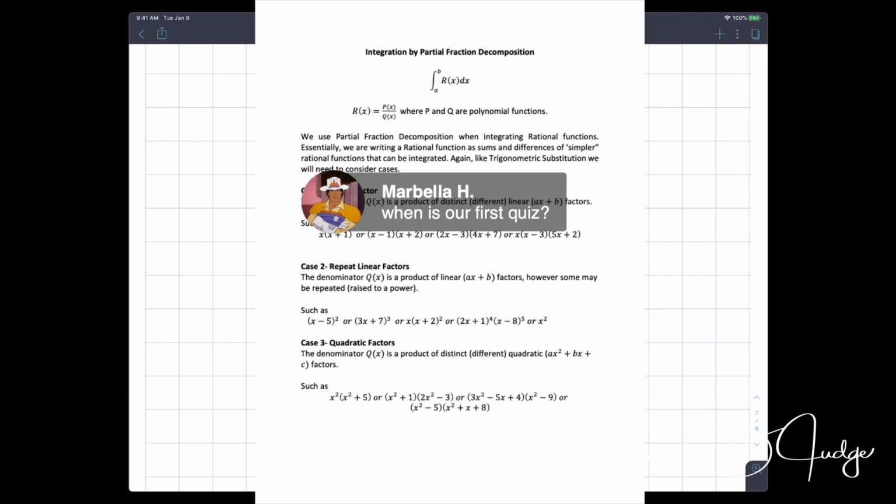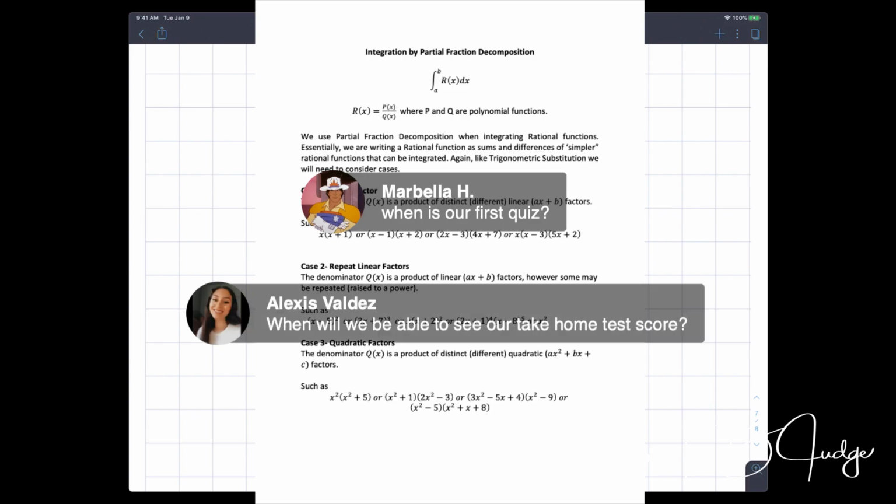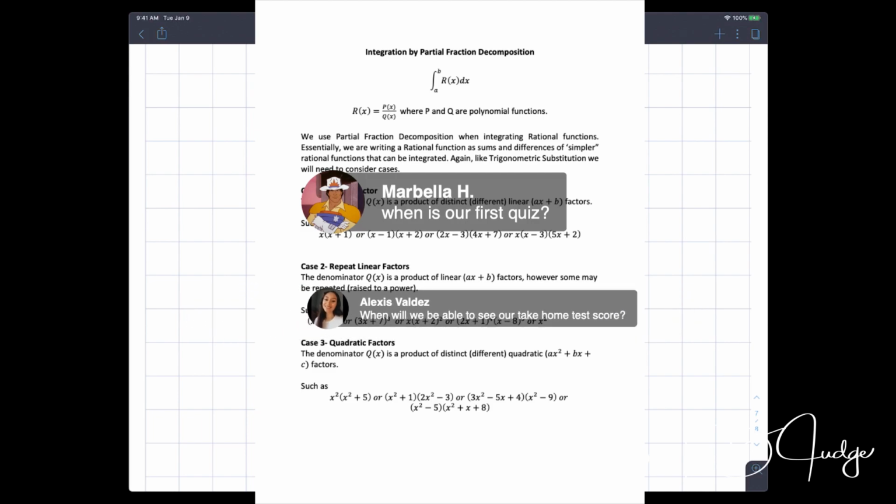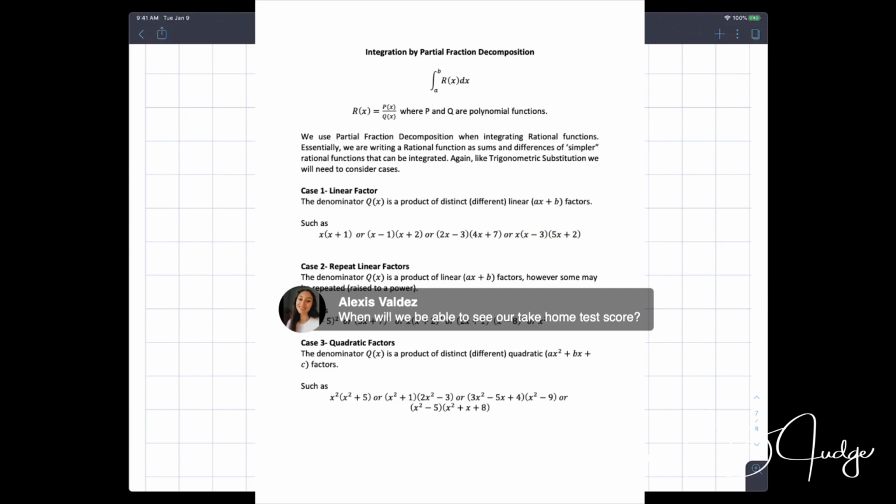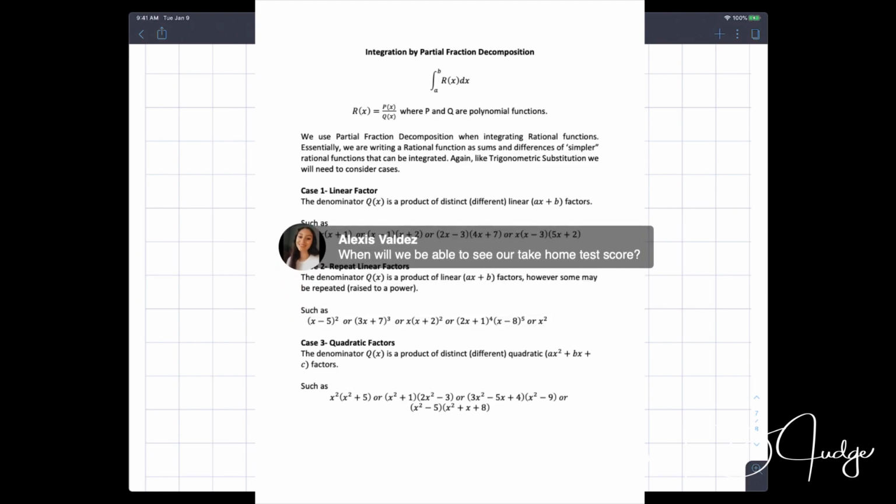We also have a question from Alexis here. Alexis, I can put the score in Canvas, and I'm getting what's called a special scanner, a fast scanner. So I'm going to try to look into maybe scanning that and sending that back to you guys, for your records.